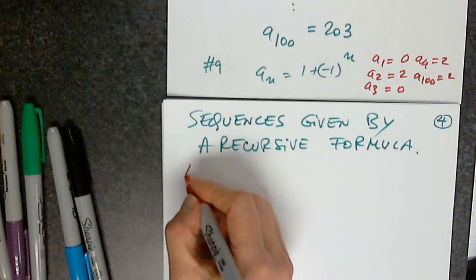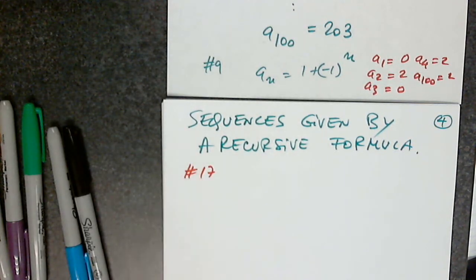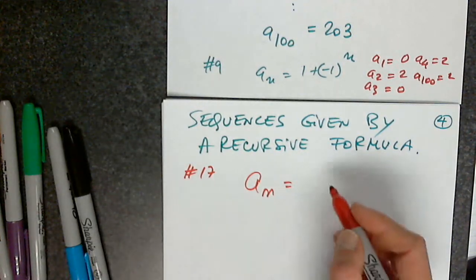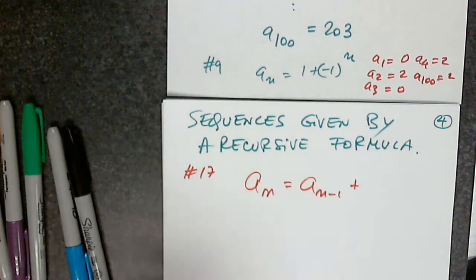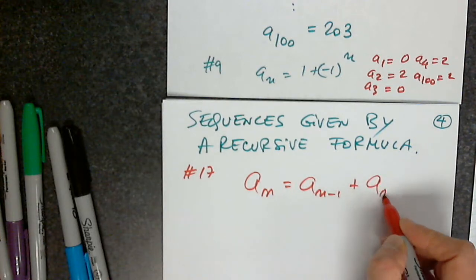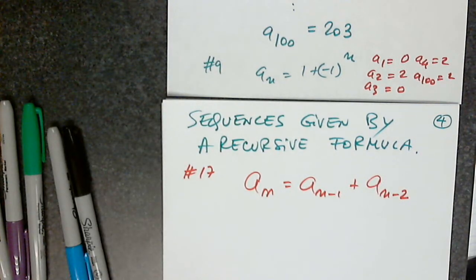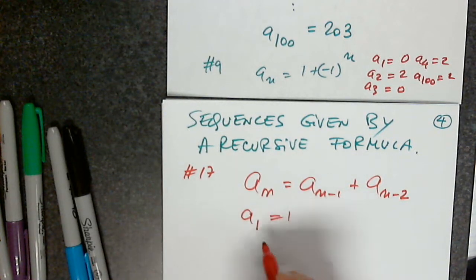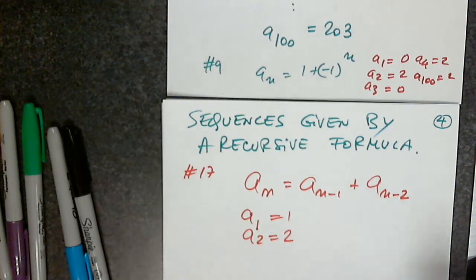Let's start with 17 and then I'll let you choose another. So we are given the general term in the form of a sum of other terms. We have a1 equals 1 and a2 equals 2.